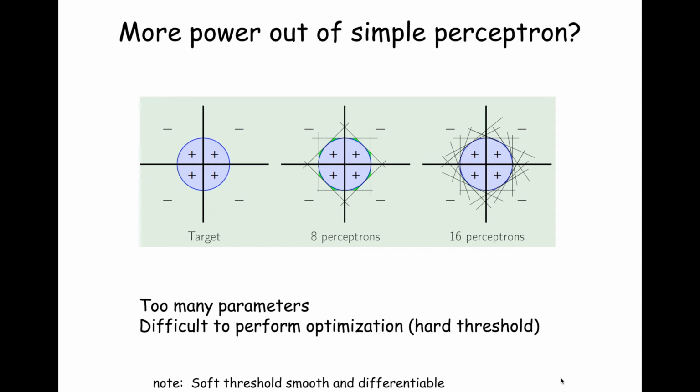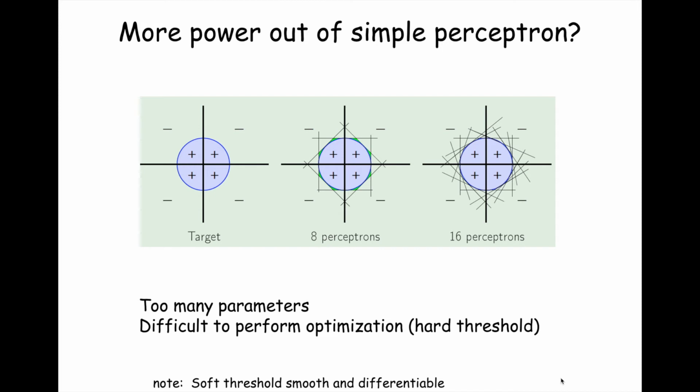You had this polar arrangement of plus labeled points and minus labeled points. Now, with something like 8 perceptrons, well, you can't get a curved surface, but you can combine them suitably in a way that you basically approximate well this ground truth target function. And the more perceptrons you add, let's say you go to 16, the better and better and better you get in describing this sophisticated concept.